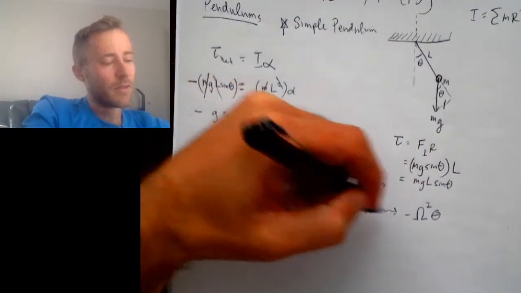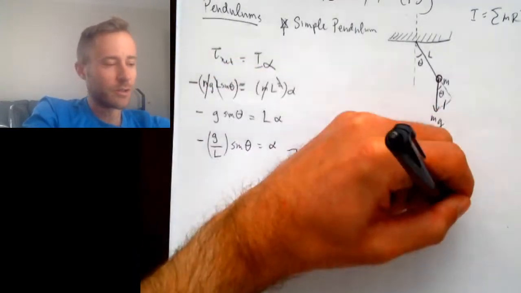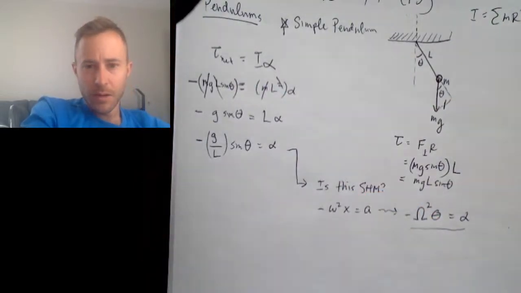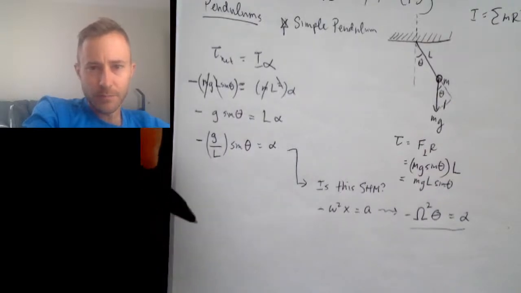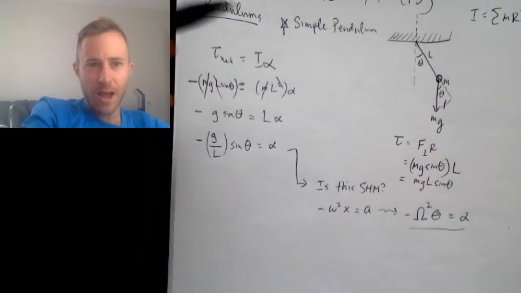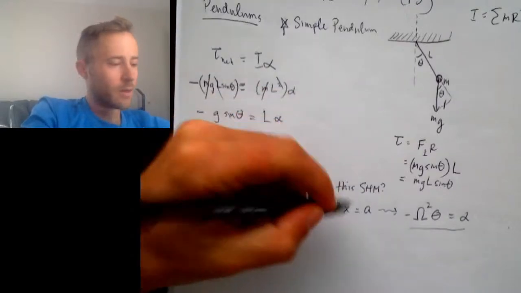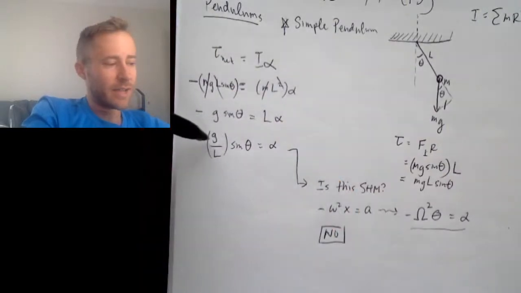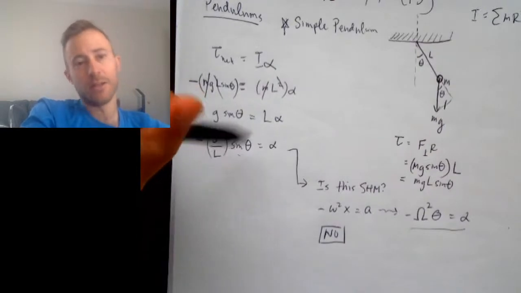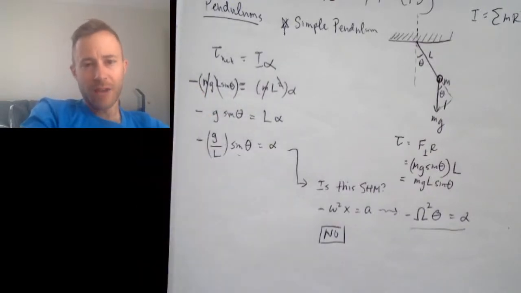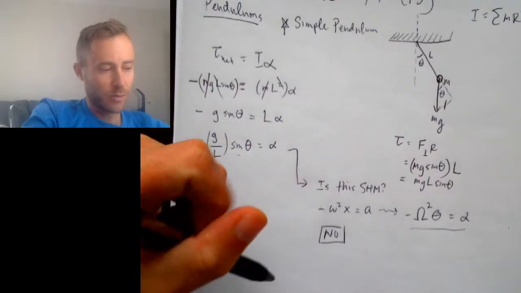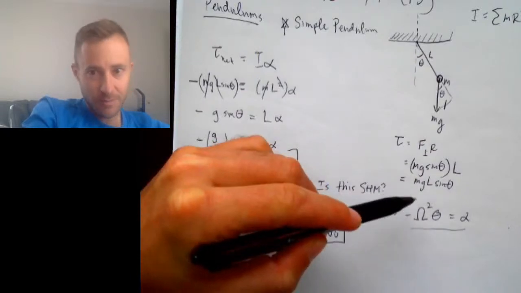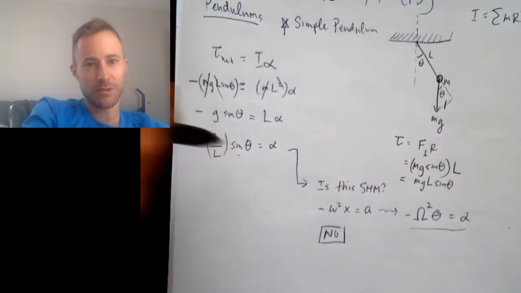And the angular analog of linear acceleration is alpha. So this would be the angular form of the SHM equation. We can see these do not have the same form, because this is negative a constant times sine of theta equals alpha, whereas the actual simple harmonic motion equation is negative omega squared times theta equals alpha. So it's the sine that is the reason why it's messed up.